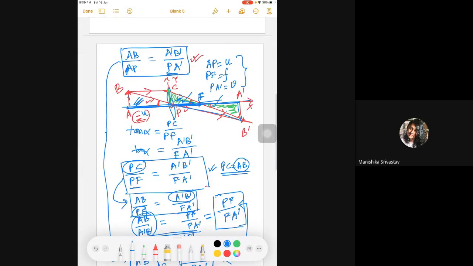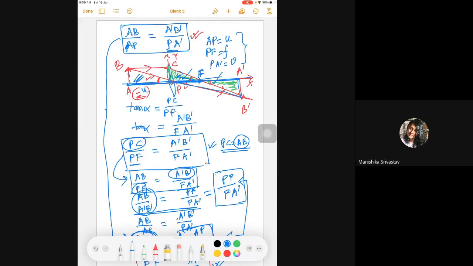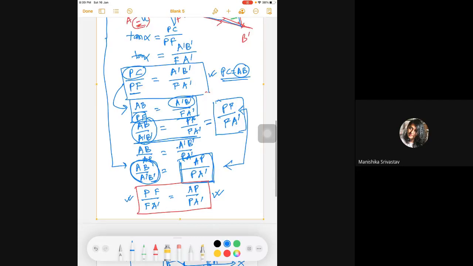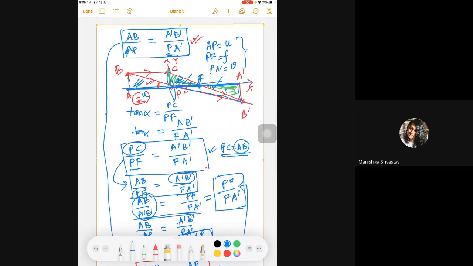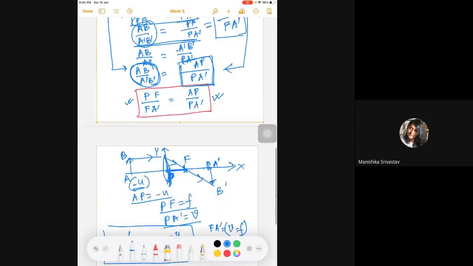I have done so many things just to make you understand, but it is not complicated stuff. It is very simple and straightforward: two triangles you need to consider, this triangle and this triangle. That's all. Then you have to remove the object and image length and replace them with your simple geometrical convention, and you'll arrive at this particular equation.